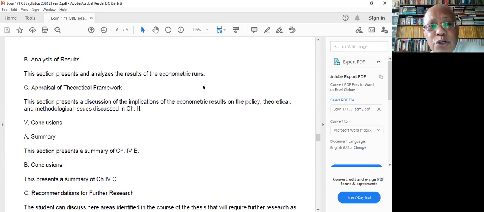So in your results, you present the results of the econometric runs, and they would indicate which of your independent variables would be significant and at what level of significance. But before you actually analyze the results, you have to go through the presentation of the diagnostics.